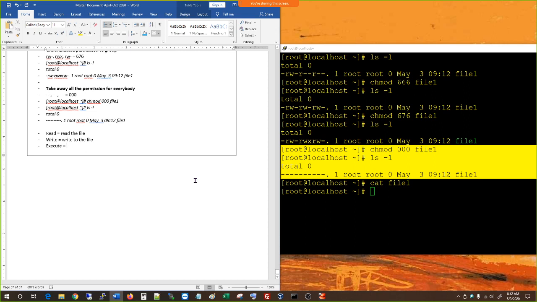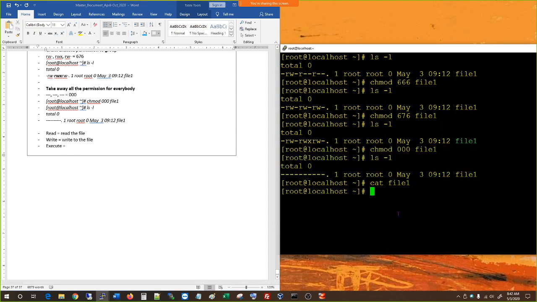Okay, so let's see. Let's put something in here. So root, that's what I'm saying. Root is a super user here. He doesn't care. Permission doesn't apply for the root user.